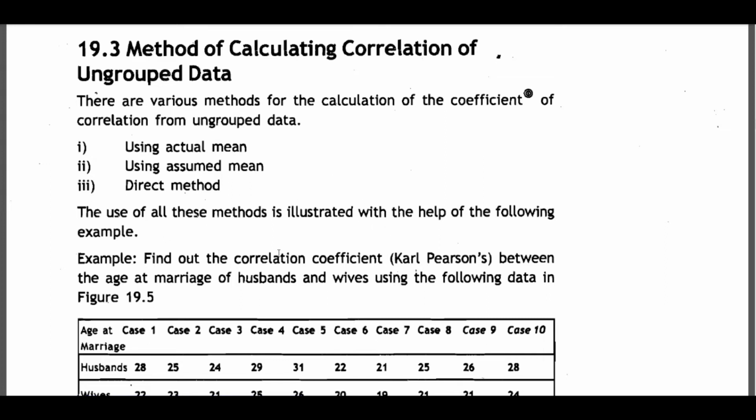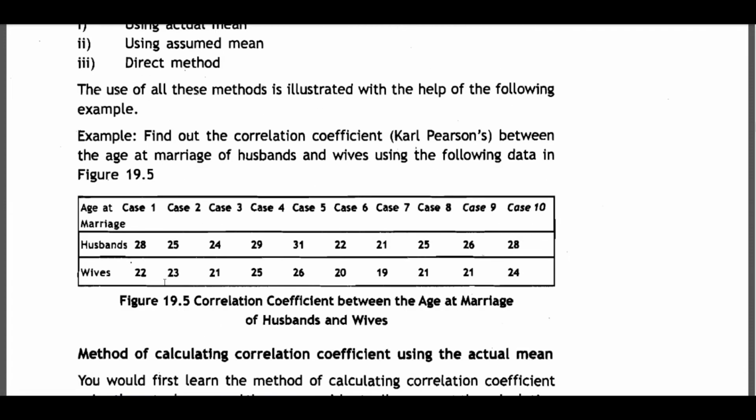First, find out the Pearson's correlation coefficient between the age at marriage of husbands and wives using the following data in figure 19.6. Here, the first case is a husband of age 28 and wife.